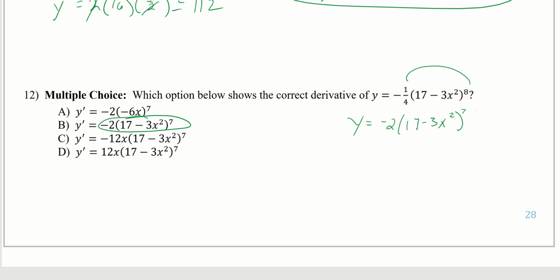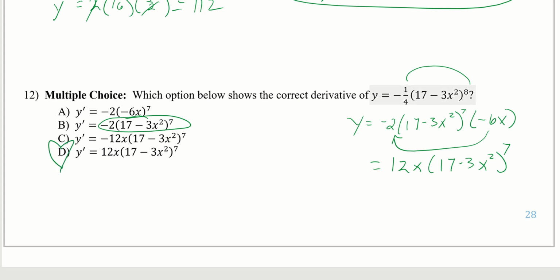We've got to multiply it by the derivative of the inside, which would be negative 6x. So be careful on that one. Now we can clean it up. This one's an easier one to clean up, so we can multiply those together. That would give me a positive 12x, and then 17 minus 3x squared to the 7th. And check it out. There we go. D is our final answer.